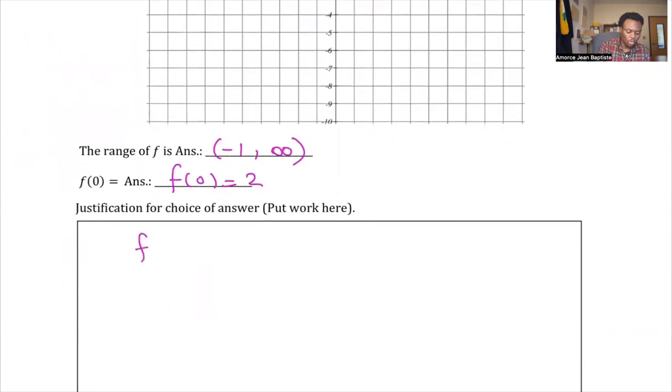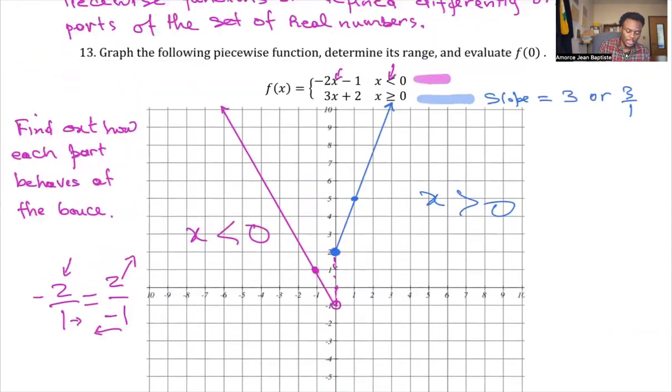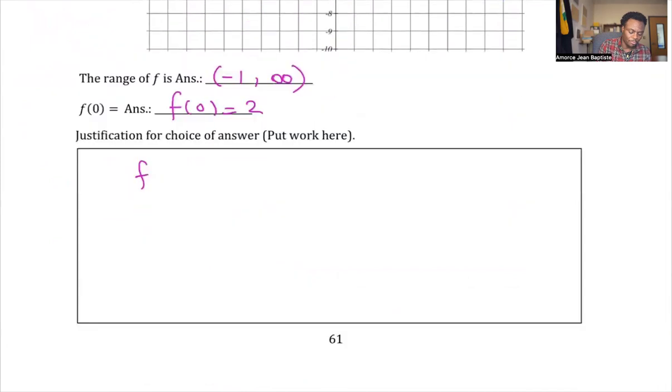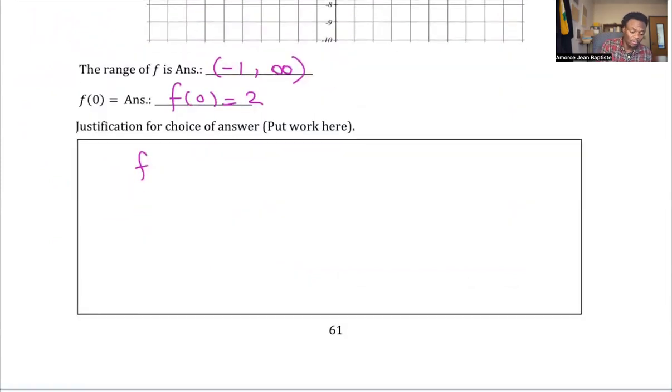Or you can go to the bottom, the one where you have the equal sign, and then plug in the value 0 for x. So f of 0 equals 3 times 0 plus 2. So that is 2. You can either use the graph or do the algebra part of it.